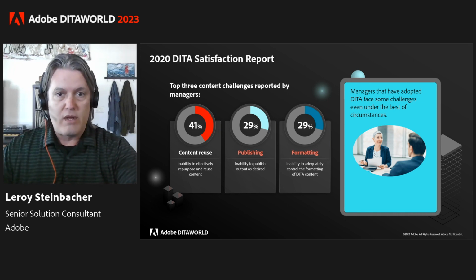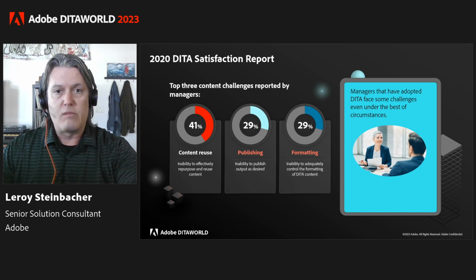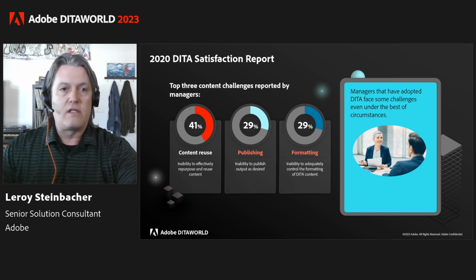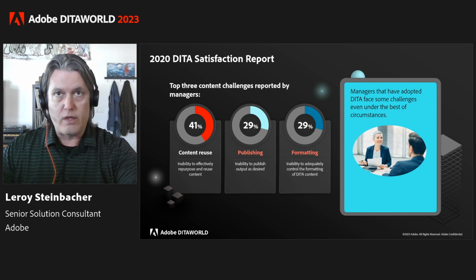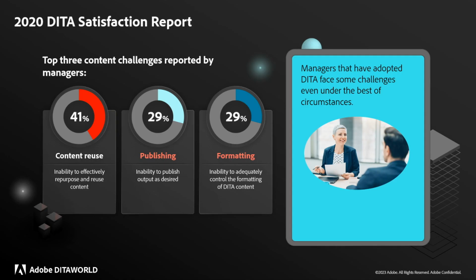So it's a benefit, but it's also a challenge as you're migrating your content, maybe from long form content to a structured content environment. But what's interesting here is the number 2 and the number 3 challenges are both related to publishing. 29% says the inability to publish output as desired, and then another 29% said the inability to adequately control the formatting of DITA content.